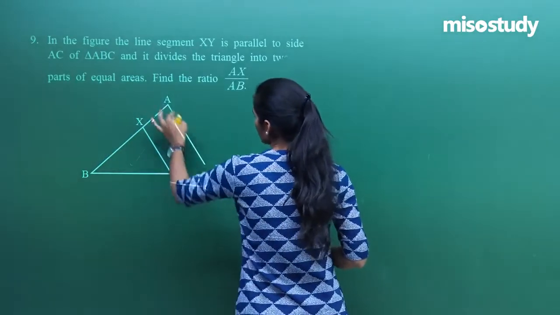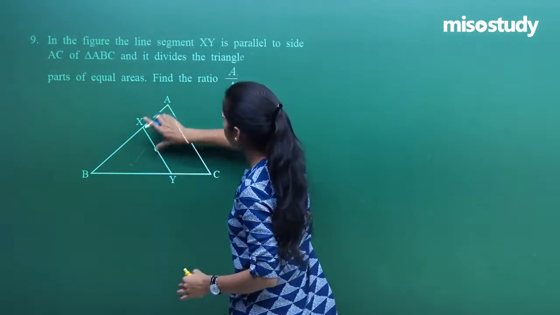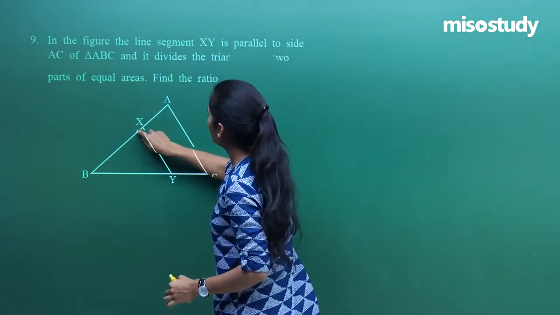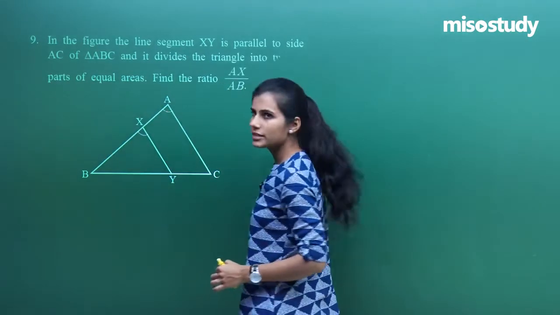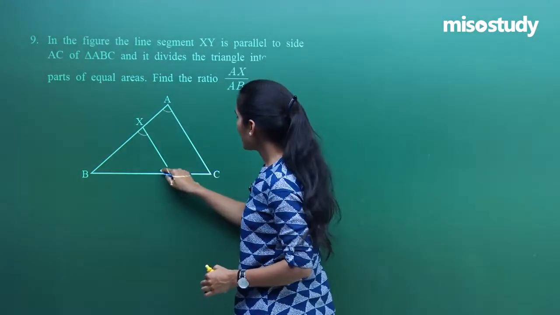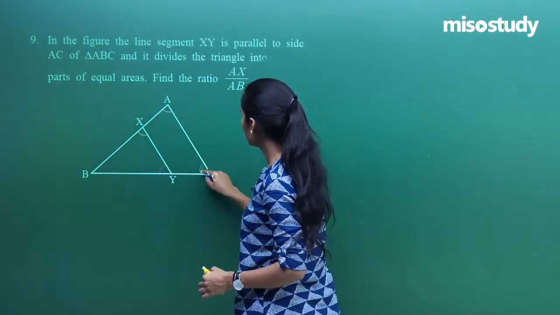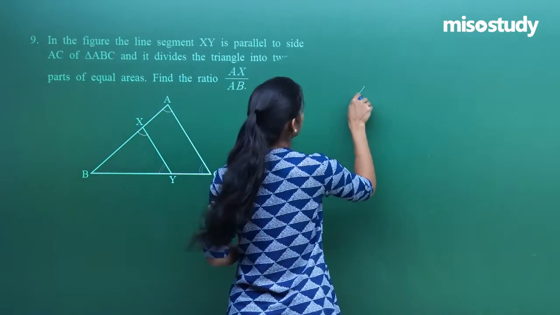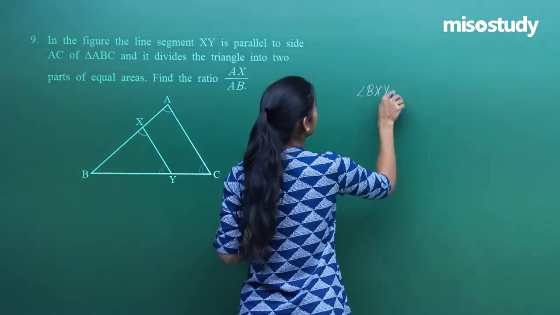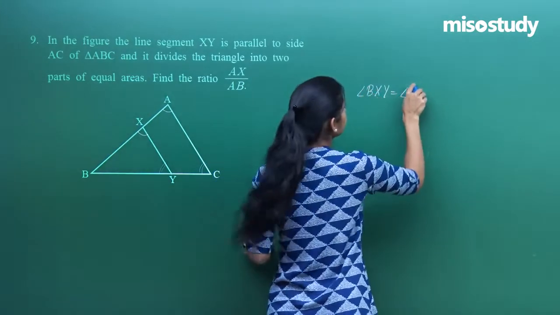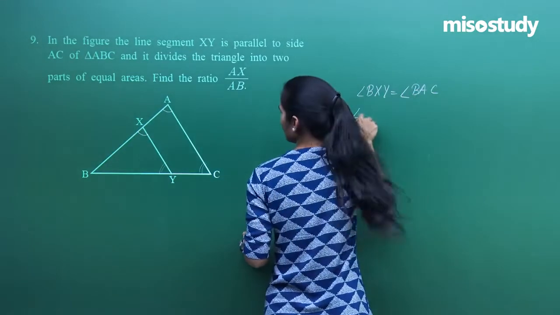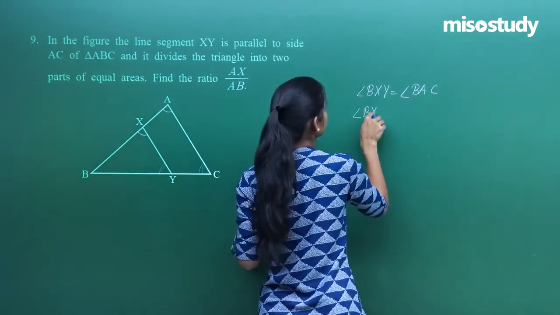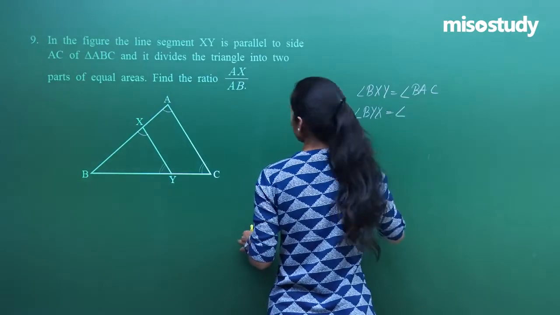First of all, because this is parallel to this, what is it that you have? You have this angle equal to this angle because they are corresponding angles, and this angle is equal to this angle because again they are corresponding angles. So I have angle BXY is equal to angle BAC and angle BYX is equal to angle BCA.